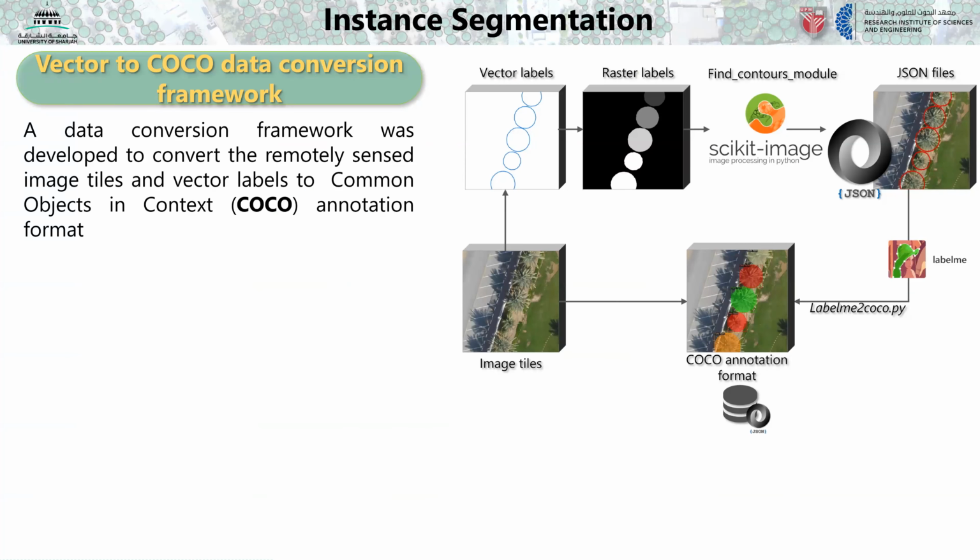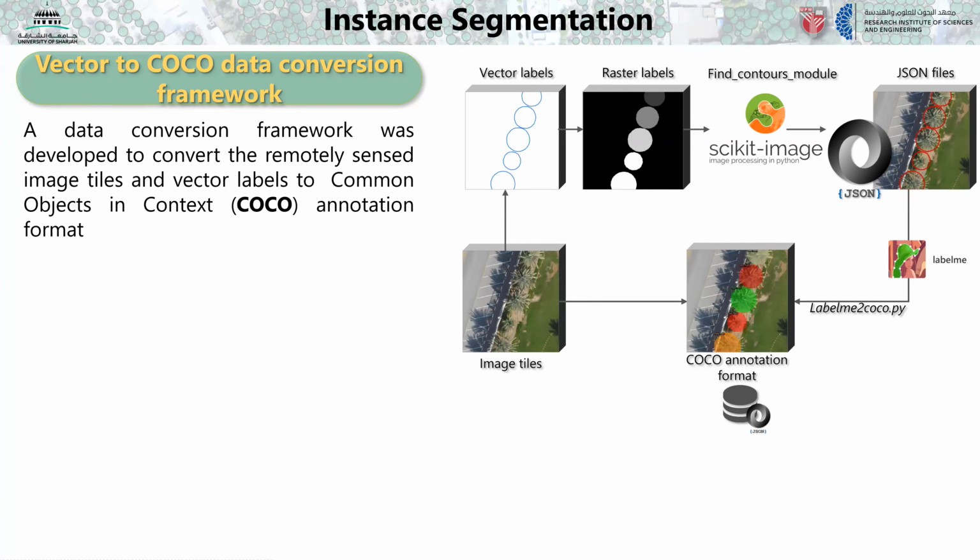So first, considering that the majority of instance segmentation models require the data to be in COCO annotation format, it's Common Objects in Context format, we have utilized this kind of framework. First of all, the vector labels are digitized in ArcGIS software or in any software for vector data processing.